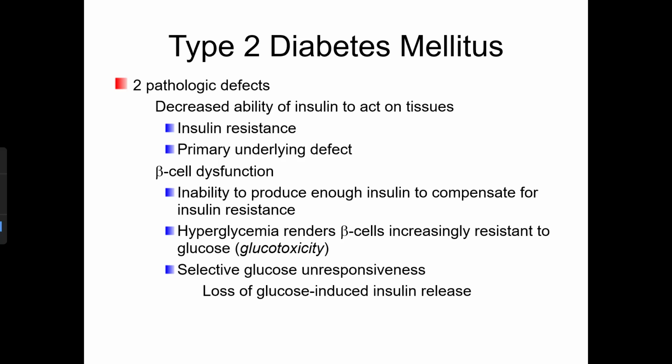Two, beta cell dysfunction. The beta cells are not being attacked by your own immune system; that would be in type 1. But with beta cell dysfunction, there is an inability to produce enough insulin to compensate for insulin resistance. Hyperglycemia renders the beta cells increasingly resistant to glucose, so glucotoxicity: selective glucose unresponsiveness and loss of glucose-induced insulin release.